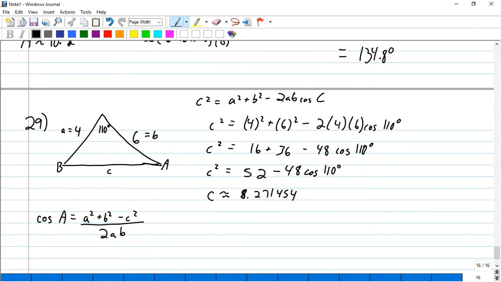So the cosine of angle A is equal to 4 squared plus 6 squared minus 8.271454 squared all over 2 times A is 4 times B is 6.